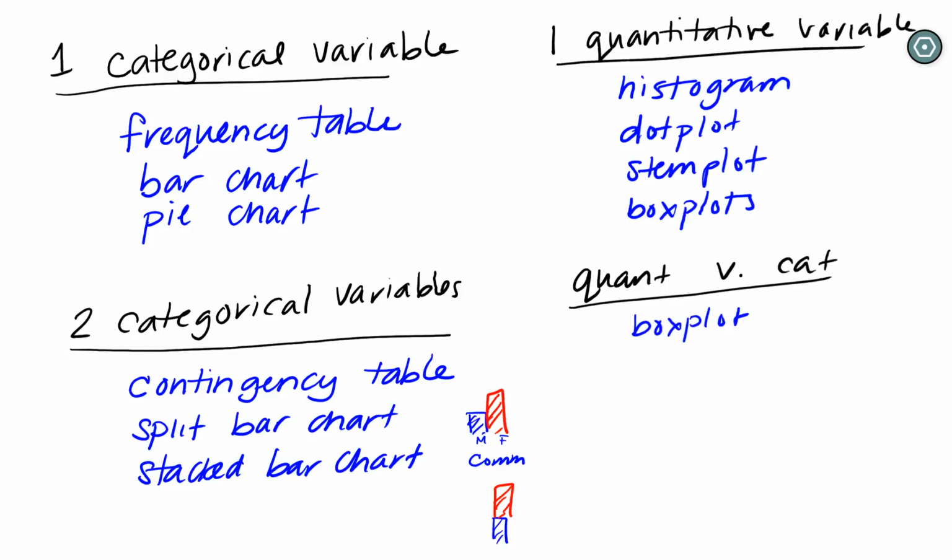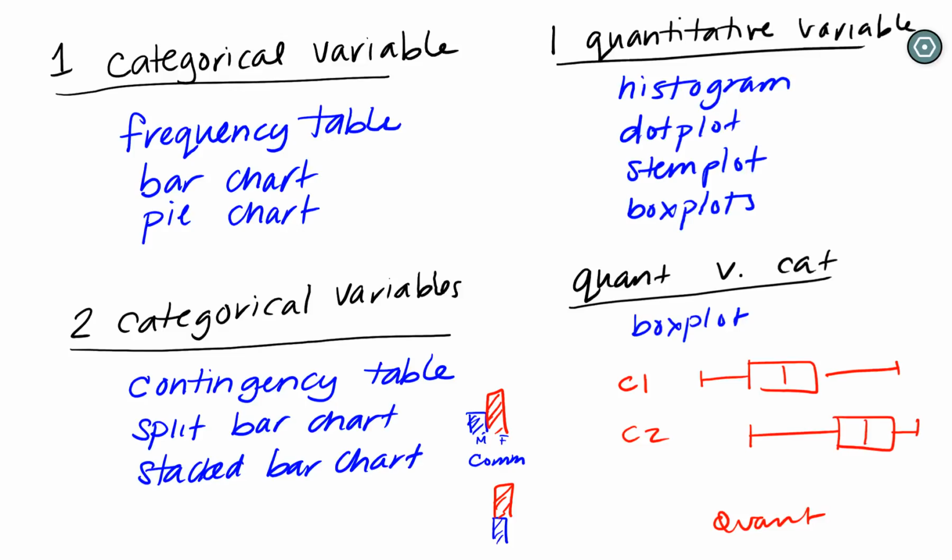We could sit there and say, okay, for category 1, here's what our box plot looked like for our quantitative measure. Category 2, here's what it looked like. Okay, it was much larger in category 2. We could even have a category 3, and say, oh, they had the smallest values and they were very tight together. So we were able to investigate a relationship.